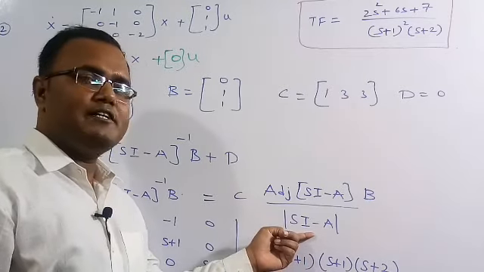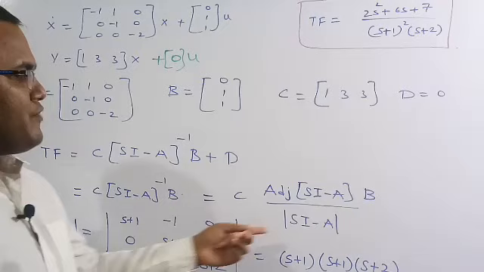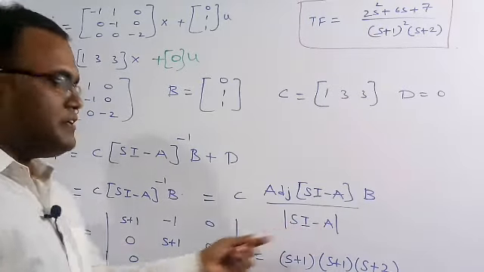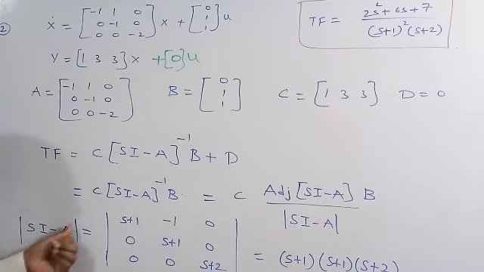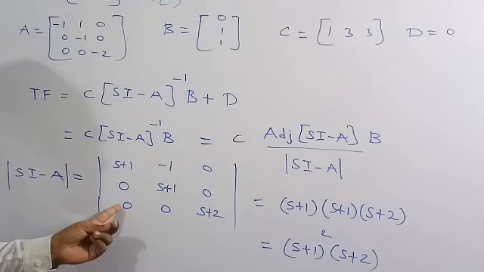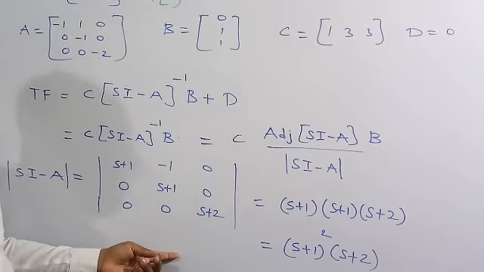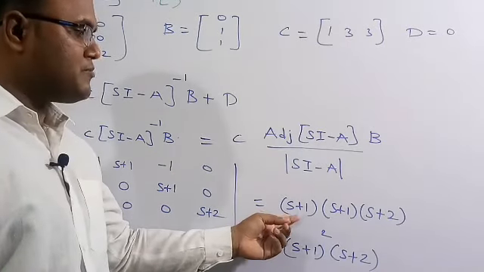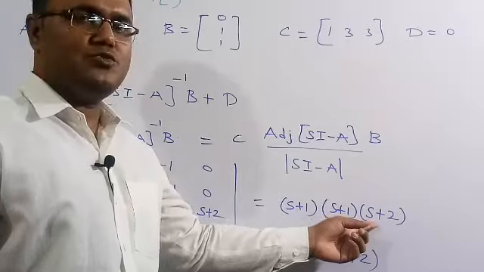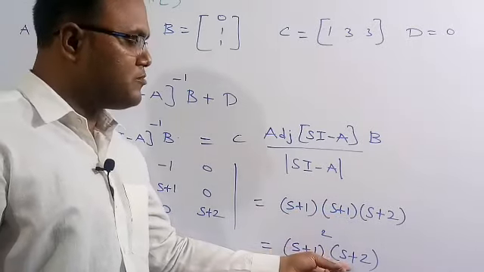The denominator part is the modulus of sI minus A. Now we need to find what is sI minus A and then do the modulus. After doing the modulus of sI minus A, this is the sI minus A matrix we will get, and after that we do the modulus. We will get (s plus 1) into (s plus 1) into (s plus 2). So (s plus 1) into (s plus 1) will become (s plus 1) whole square into (s plus 2).